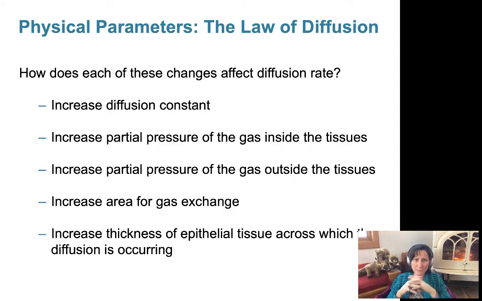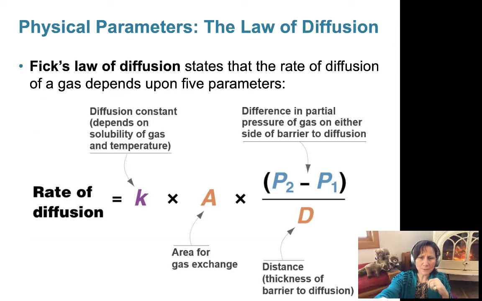So let's think about what happens if you try to adjust each of those different parameters. We're looking at them in sequence: if you increase the diffusion constant, the partial pressure inside or outside the tissues, the area for gas exchange, and then the distance. If I go back and look at this formula again, think of it as simple algebra. What happens if you increase each of these different variables?